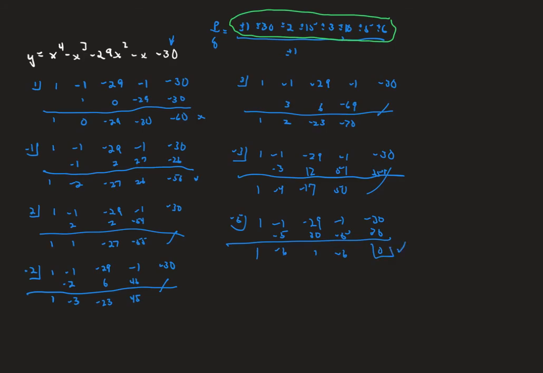Now, we have to find another one, because this is still a cubic at this point in time, which we still can't factor. Something to be careful of: if one works, you should usually try to do that again, because it could be a double root. That is, it could have multiplicity 2.